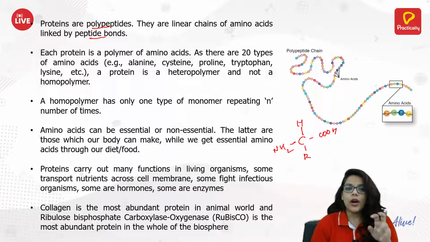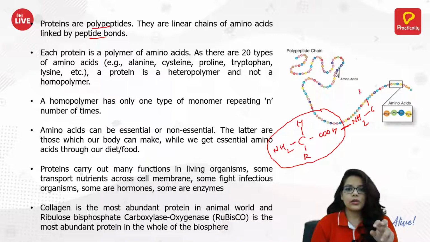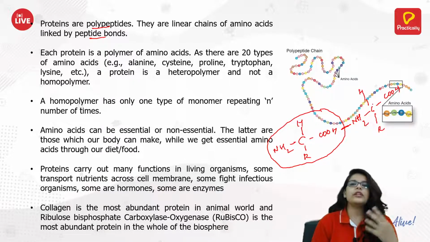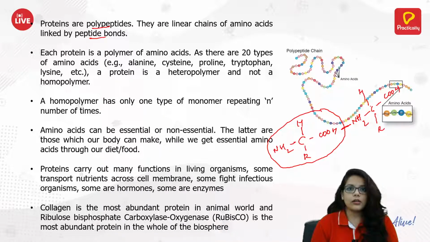When one amino acid attaches to another, the carboxylic group of one amino acid and the amino group of the other form a link. This link which attaches two amino acids is known as a peptide bond.